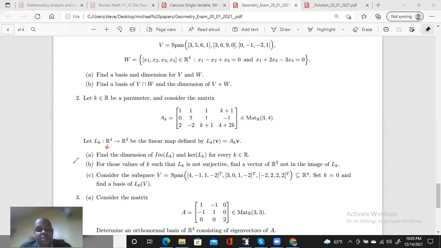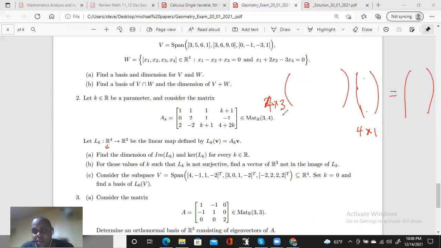Because of matrix multiplication. When you take a matrix and multiply, say this is a 3 by 4 matrix, and you're multiplying by a 4 by 1 matrix, your answer is going to be a 3 by 1 matrix.